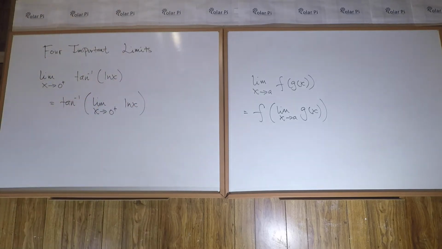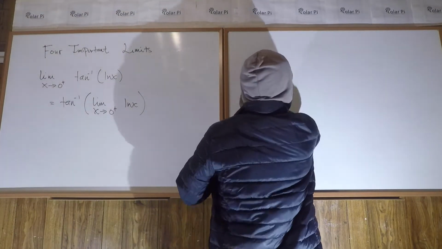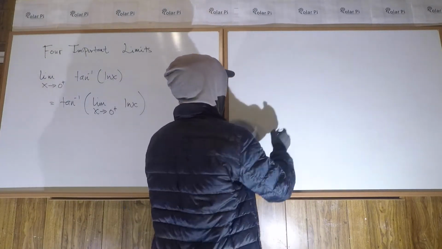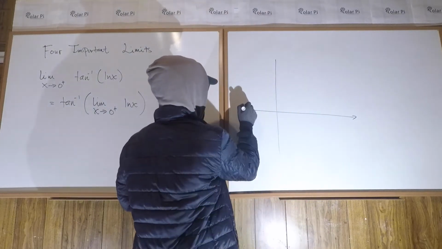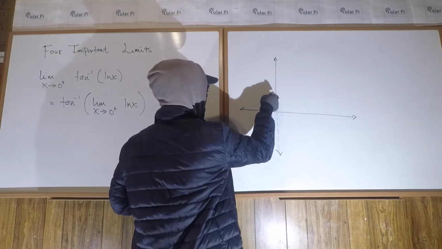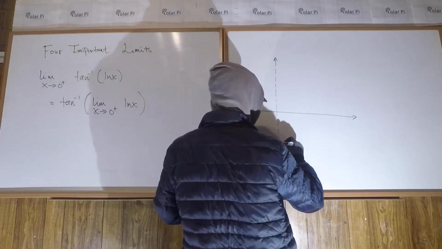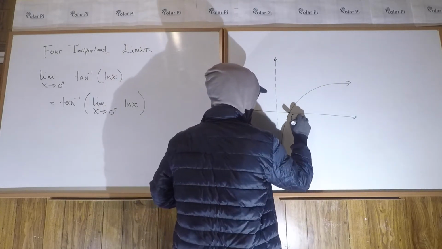Got it. Now, remember what the natural log looks like. It looks like this. The y-axis is a vertical asymptote for it, and this is (1, 0).